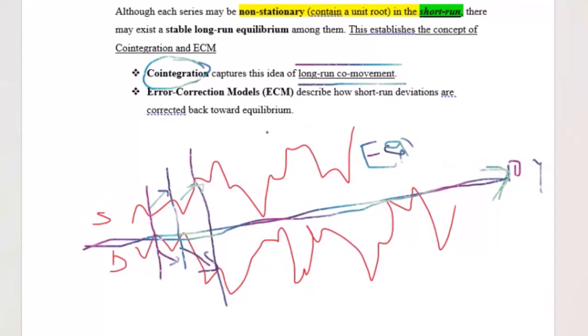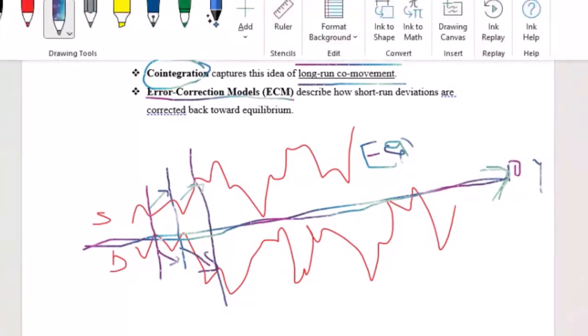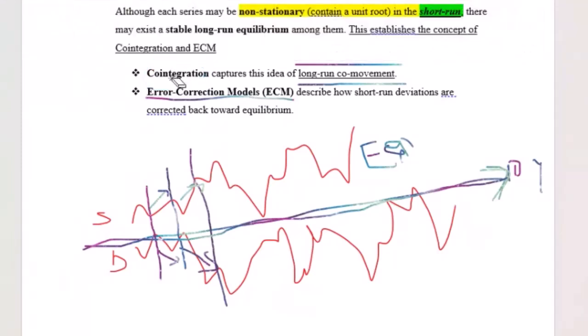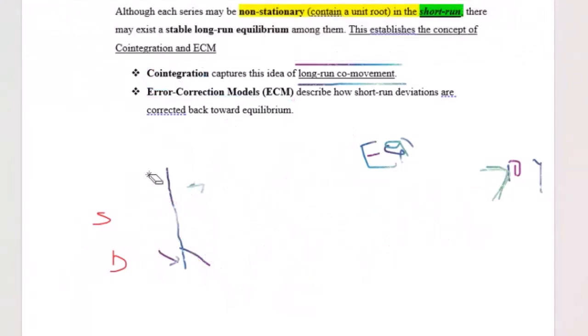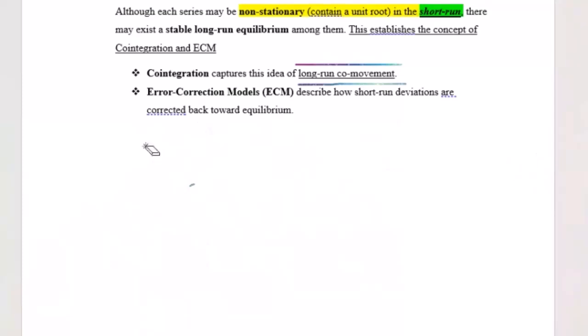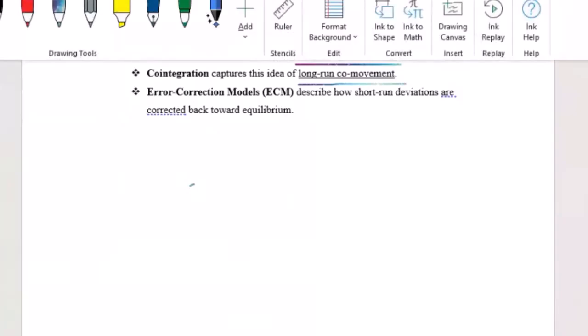So that model that adjusts the short run movement towards the long run is what we call the error correction model. That is the background that will help us to understand cointegration and error correction model.